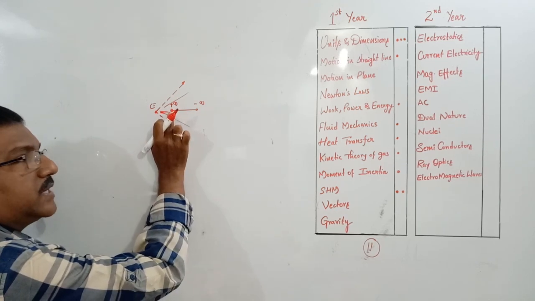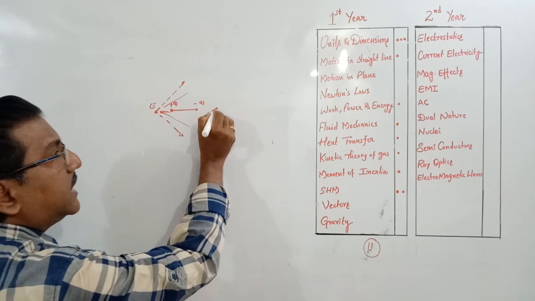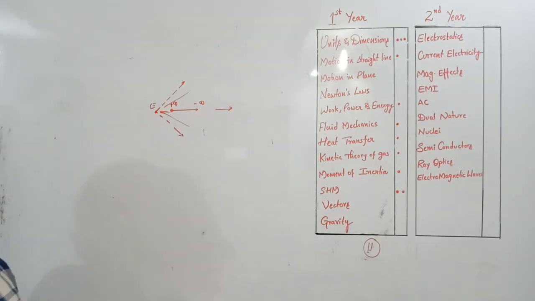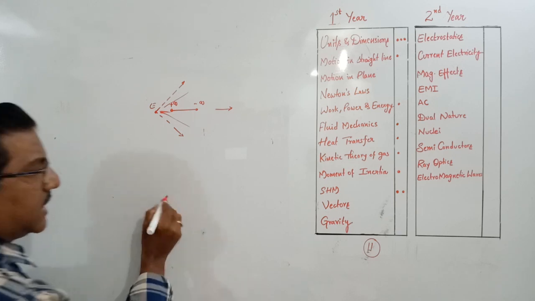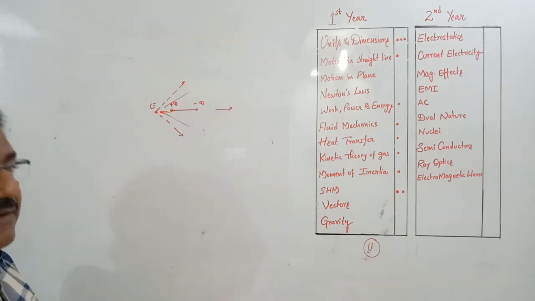There is a high repulsion from this, less attraction from this. So automatically it moves towards positive. Nothing is there in the case of the dipole moment. Electric field over that. Axial line also same concept.